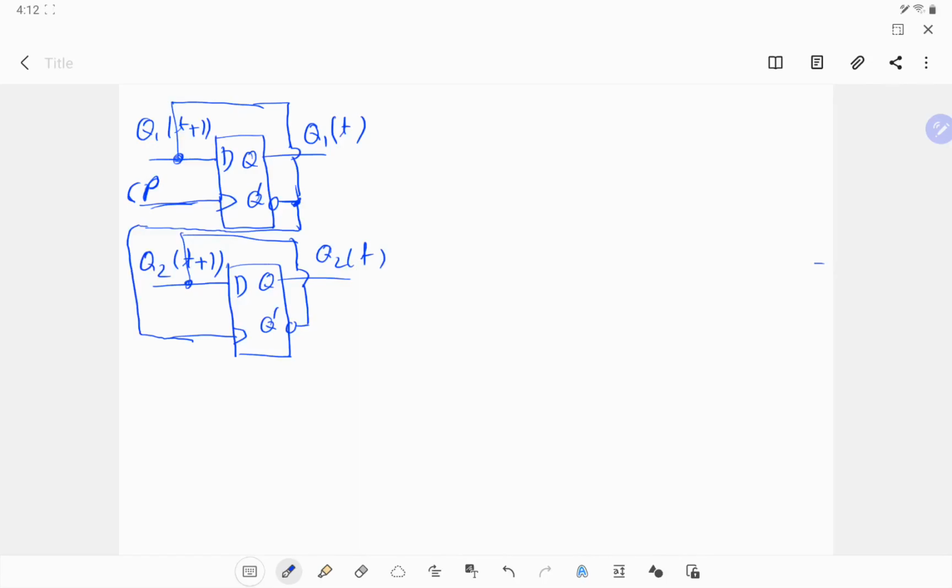Now we want to analyze this simple circuit. It has two flip-flops. It doesn't have any input or output, but only the current state and the next state. So we have Q2 T, Q1 T, then Q2 T plus 1, Q1 T plus 1.